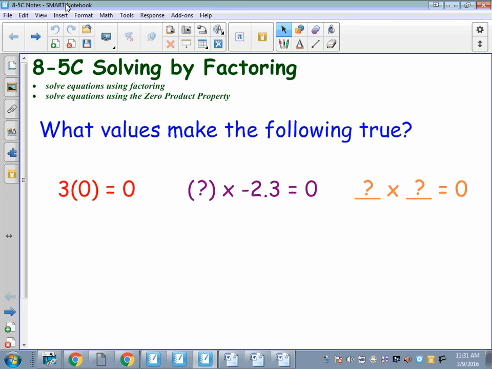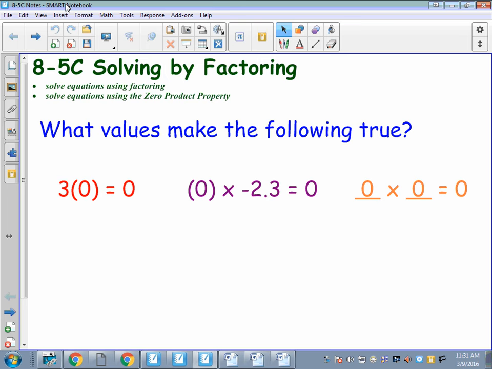It doesn't matter if it's a positive or a negative number. It doesn't matter if it's the first number listed or the 20th number listed in the multiplication. If 0 is going to be an answer, 0 has to be part of the problem. And in this particular case, it could be both numbers, 0 times 0.